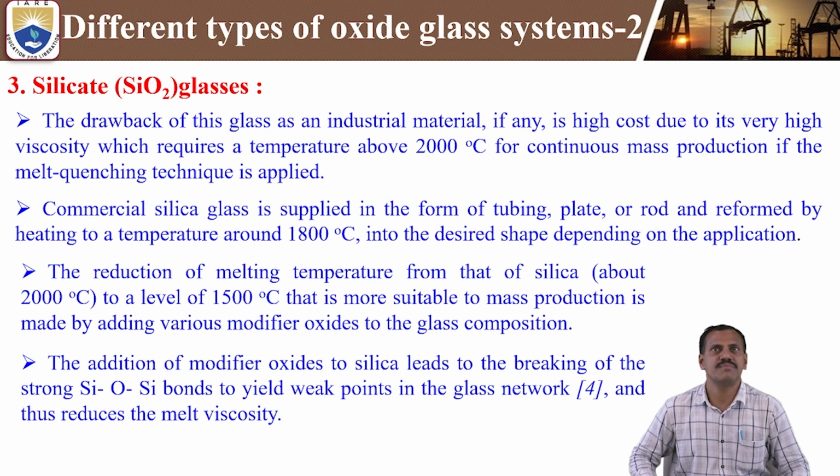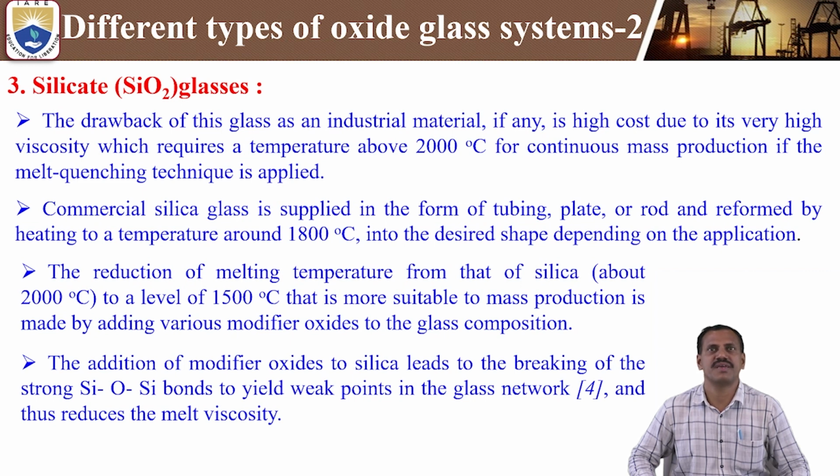For silicate based glass systems, the melting temperature required is more than 2000 degrees centigrade. Commercially, silicate glass is supplied in the form of tubing, plate or rod and reformed by heating to around 1800 degrees centigrade into the desired shape depending on the application.